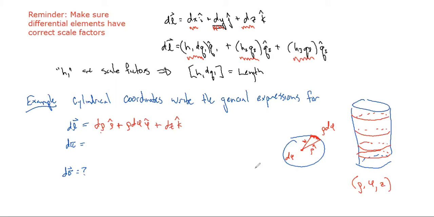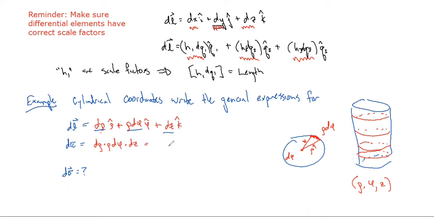And whoops, I see that I forgot a d there. Trying to write too fast. So in this case, I just multiply all of the things that showed up in front of the unit vector. So for the volume element, it's just d rho times rho d phi times dz.